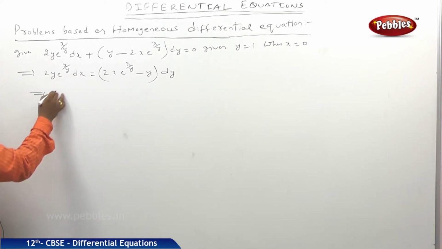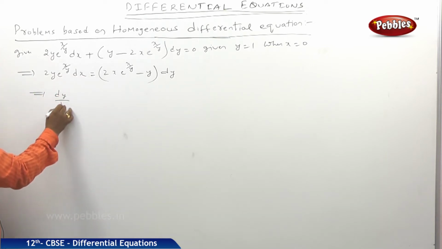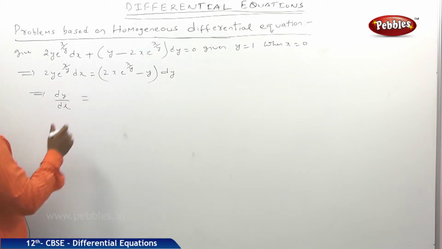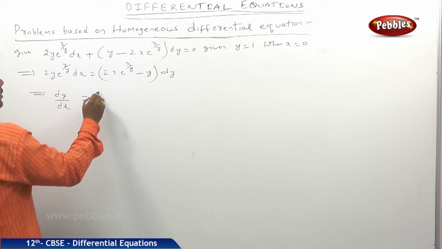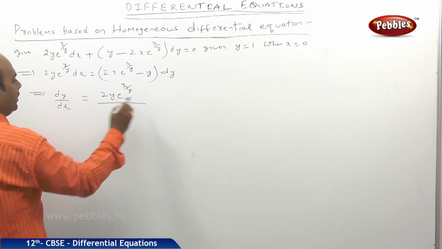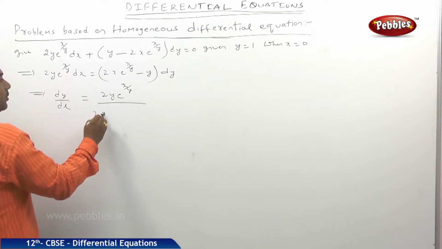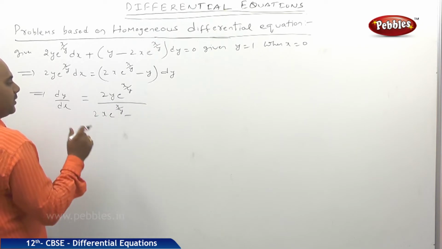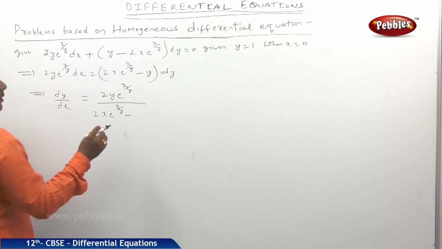So I will make dy by dx, same as usual, equal to 2y e power x by y divided by 2x e power x by y minus y.